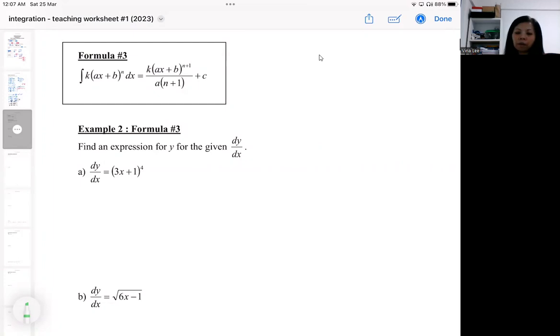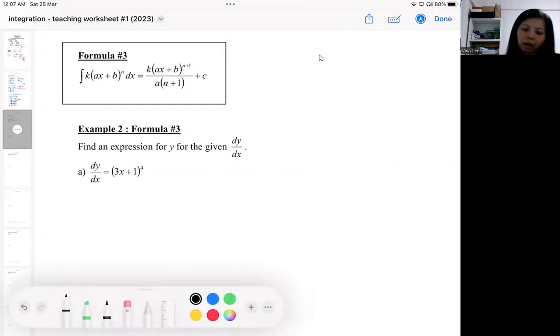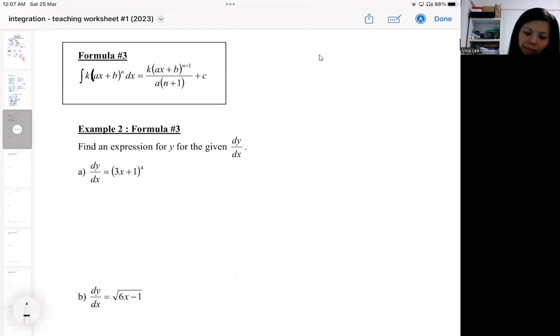Okay, so formula number 3 is like a reverse of your chain rule, except that it is limited to a linear function. A linear function with a power.